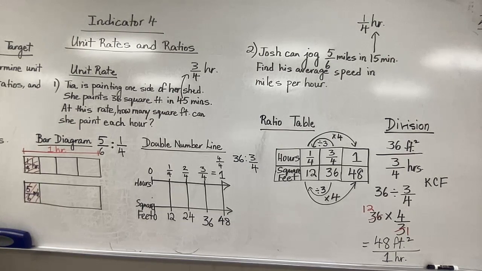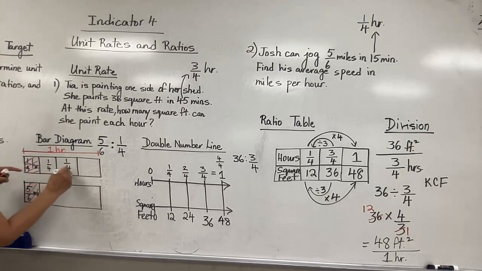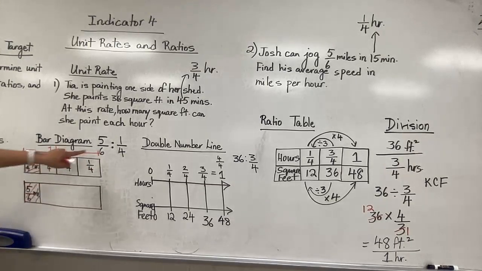Okay, now we have 4 different sections, and in order to find the unit rate, you got 1/4, 1/4, 1/4, and 1/4. So these are 4/4, which is equal to 1 hour.